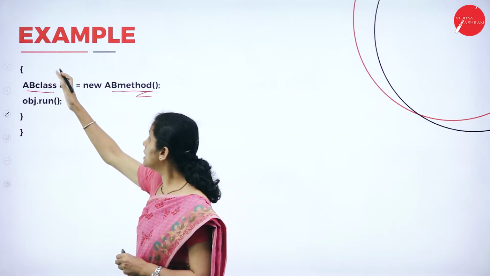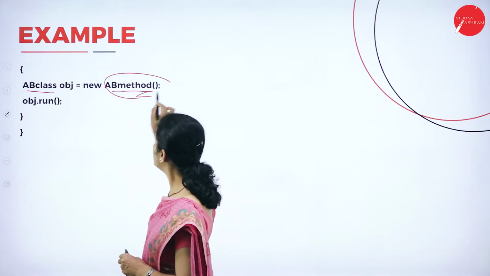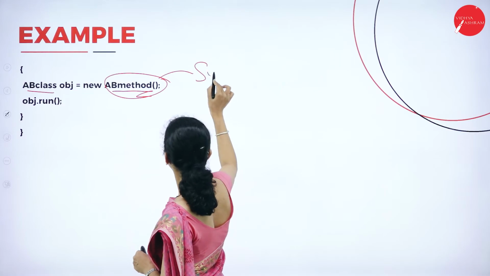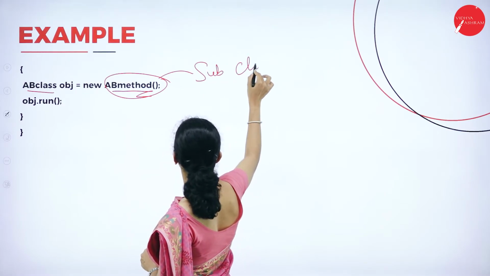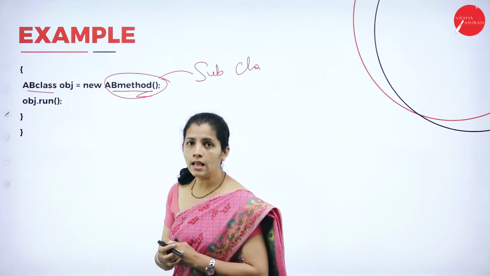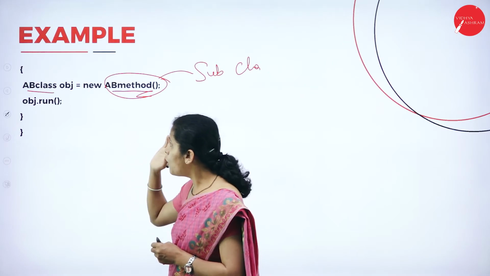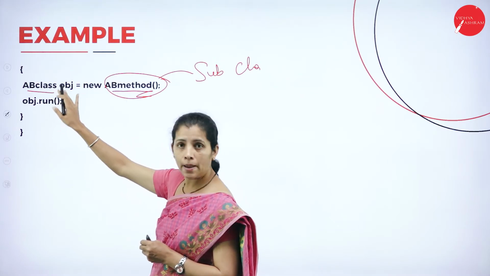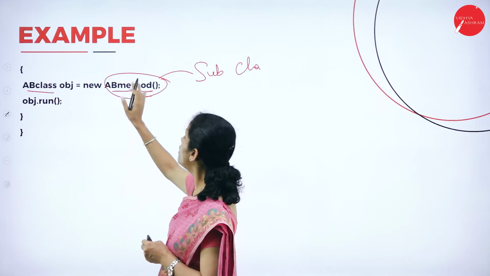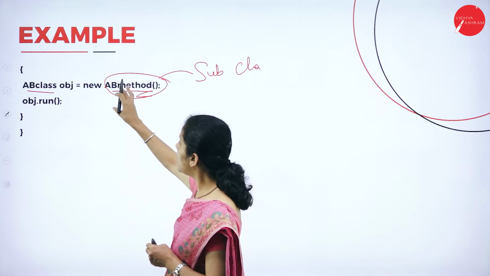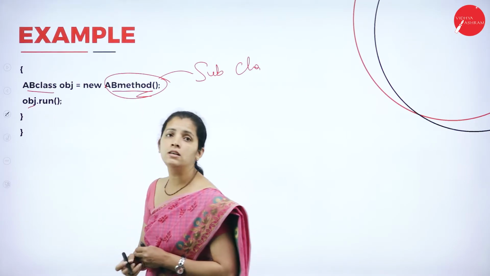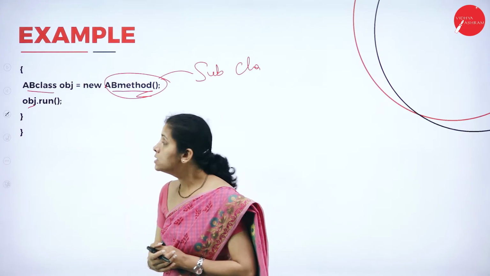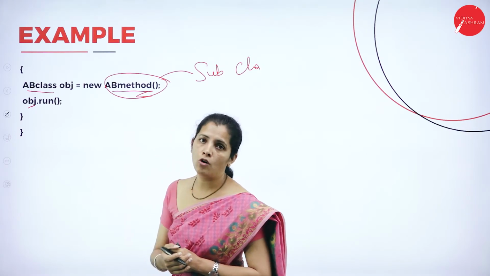That is AB class. And what about AB method? This is my subclass. Now I'm going to create the object of type AB class with the help of the subclass. Now I'm going to call the abstract method with the help of the object.